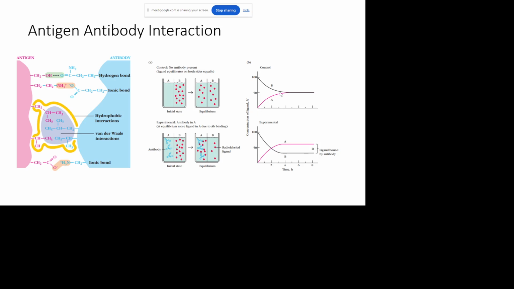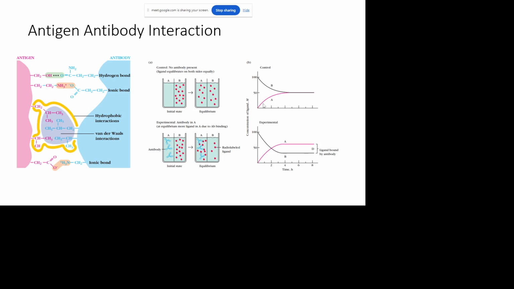So that's why this graph is increasing throughout the time, and exactly the opposite thing will happen for compartment B, because initially all of the antigen was in compartment B, but after this migration, when it reaches the equilibrium, then compartment B will start losing antigen, right? So initially compartment B had all of the antigen, so that's why it is showing 100%, and compartment A had nothing, so it is showing 0%.